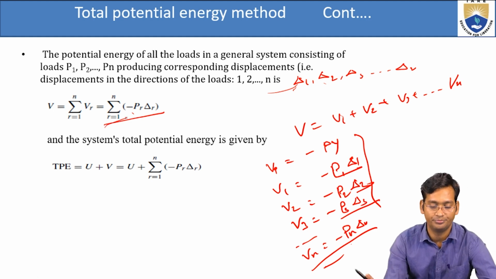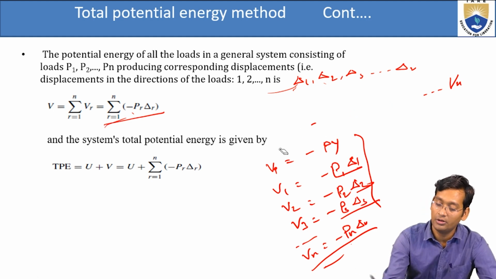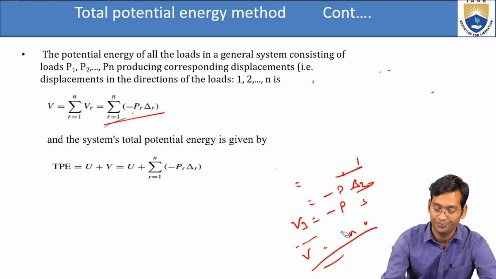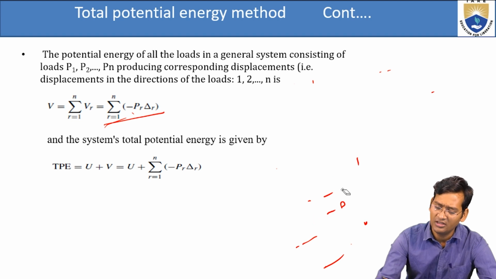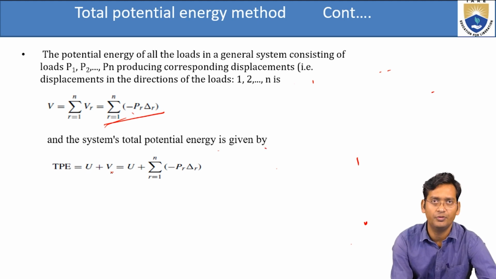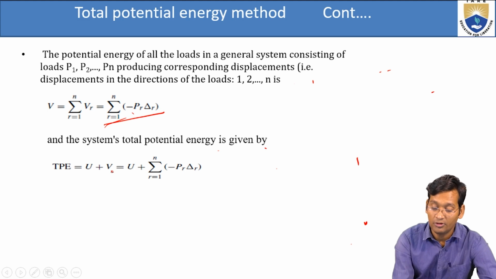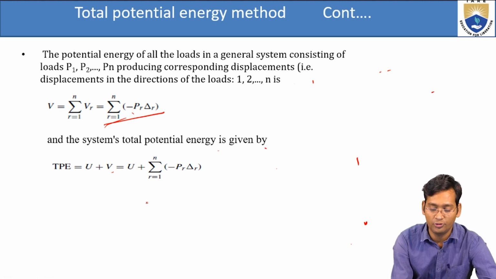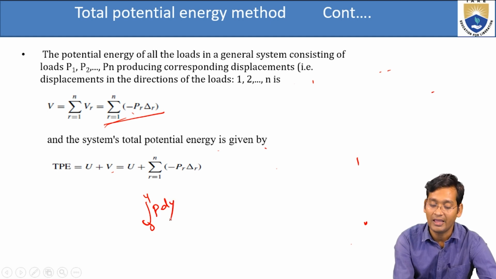So this is the potential energy because of the externally applied loads. Right. So substitute in the TPE equation. What was the TPE equation? The system's total potential energy is given by TPE equals U plus V. What is U? That we know: the integral from 0 to y of P dy. And now we got V for the whole system, when many loads are acting.